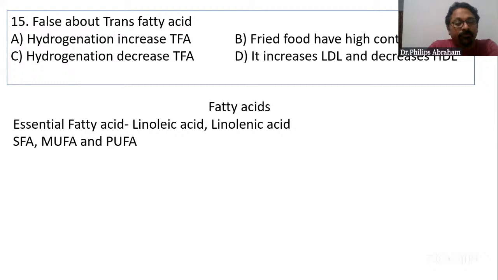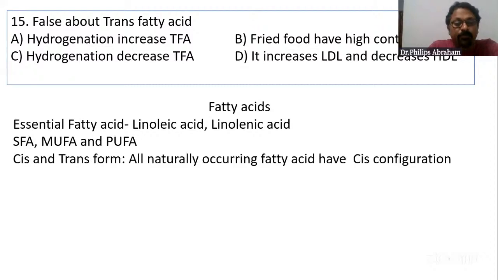One division is based on nutritional importance: essential and non-essential. Based on the presence or absence of double bonds, we have saturated fatty acid, monounsaturated fatty acid, and polyunsaturated fatty acid. Then, any fatty acid having a double bond can exist in two forms in nature, cis form and trans form.